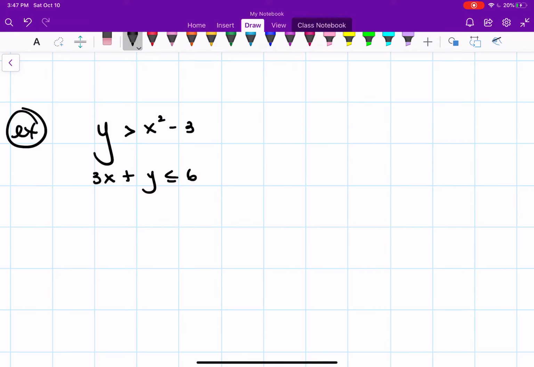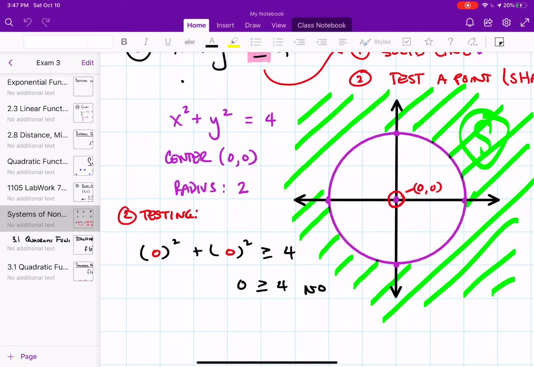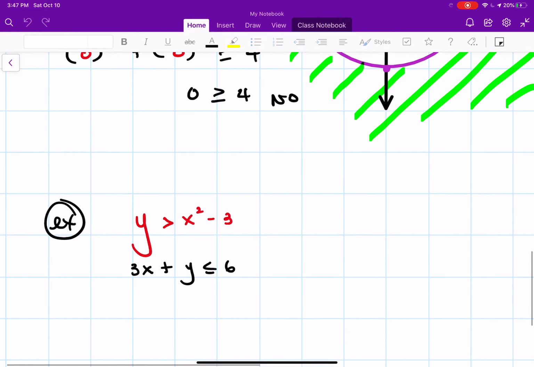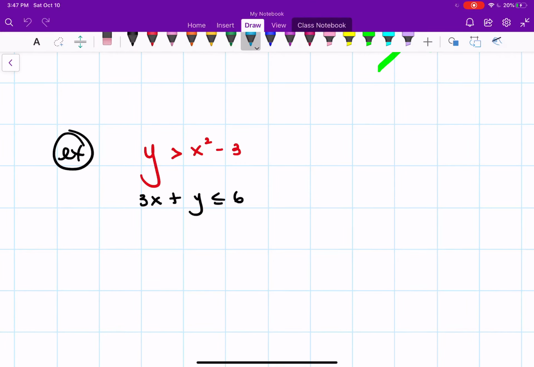Okay? So let's go ahead and I'm going to make this right here red. And I'm going to make this right here blue. Okay? So we kind of have a discrepancy. And hopefully this keeps on recording. All right. Blue. Okay.